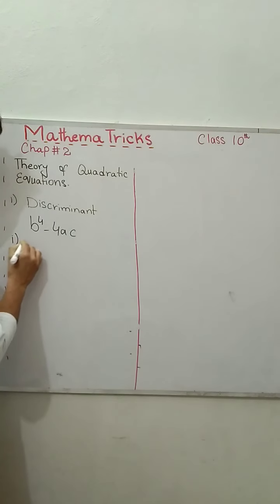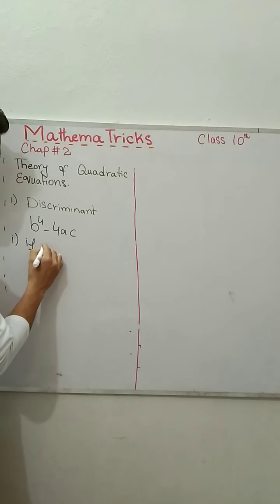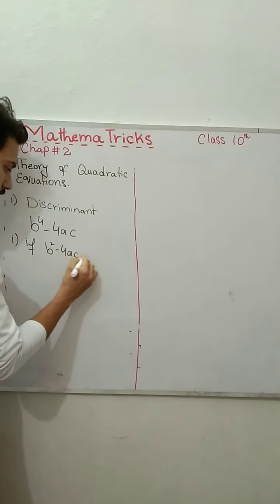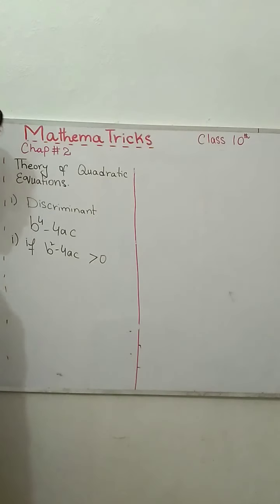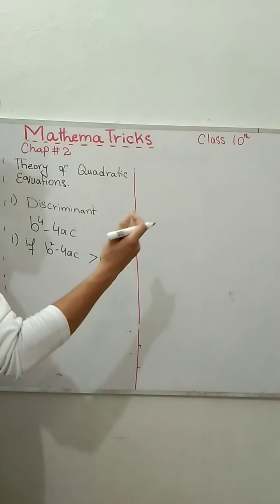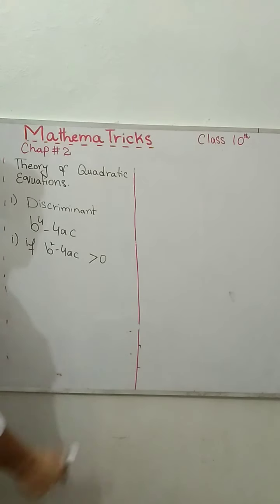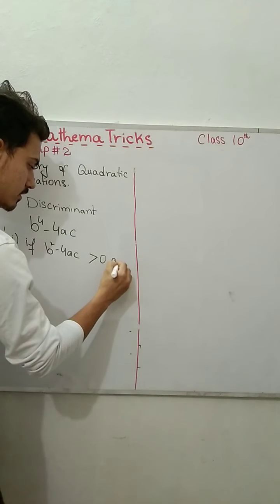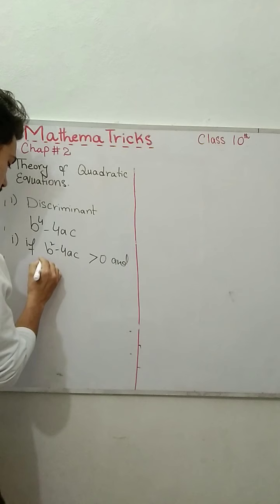Condition 1: if your discriminant is greater than 0, I mean you have been given any quadratic equation, you just put the values of a, b and c in the discriminant and the answer is greater than 0 and a perfect square.